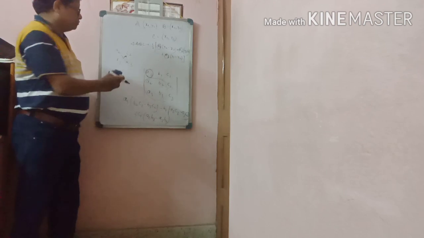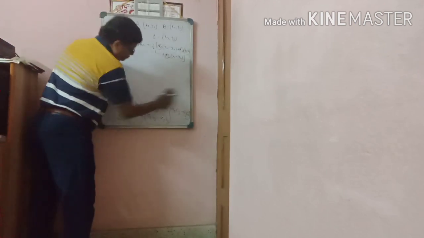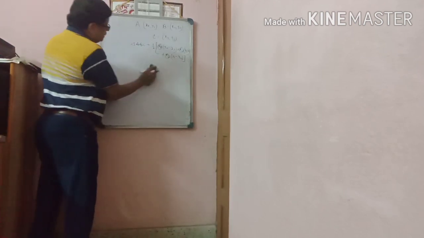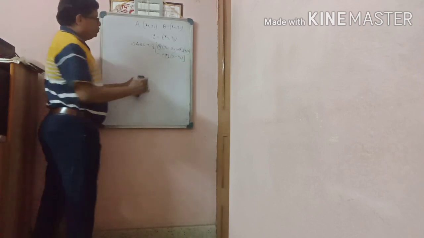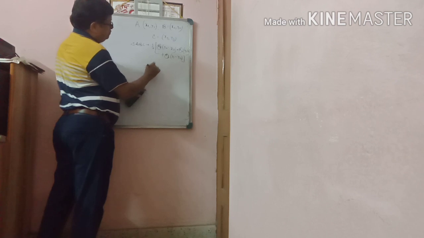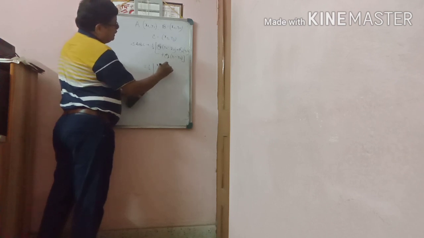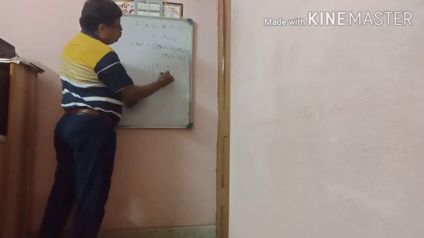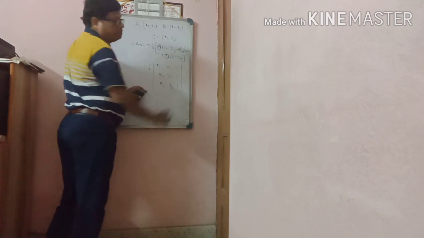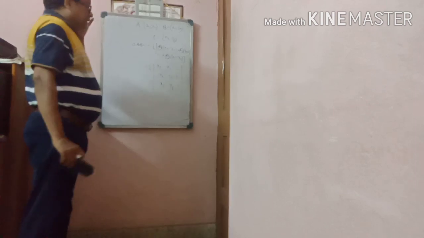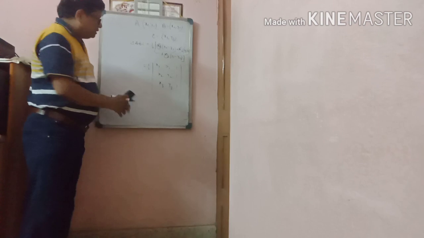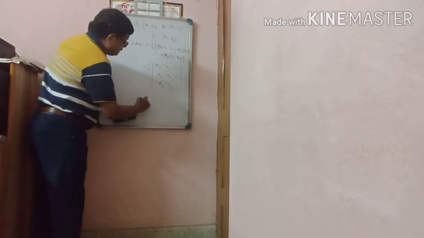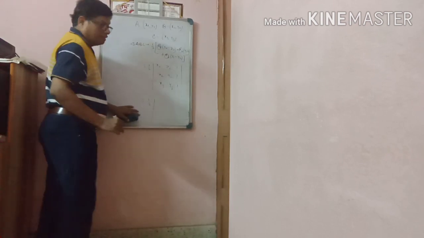Now this part, how to remember in determinant form? Look here. Half, x1 y1 1, x2 y2 1, x3 y3 1. There is also one short form. Here again write half.